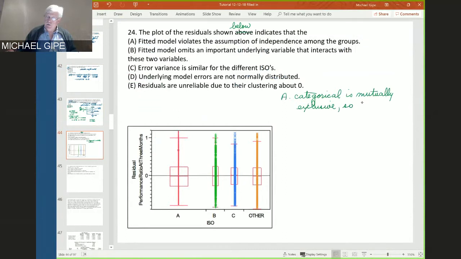So by definition, the states are independent. So that can't be the correct answer. How about B? The fitted model omits an important underlying variable that interacts with these two variables. This information, this plot, doesn't say anything about the other variables.